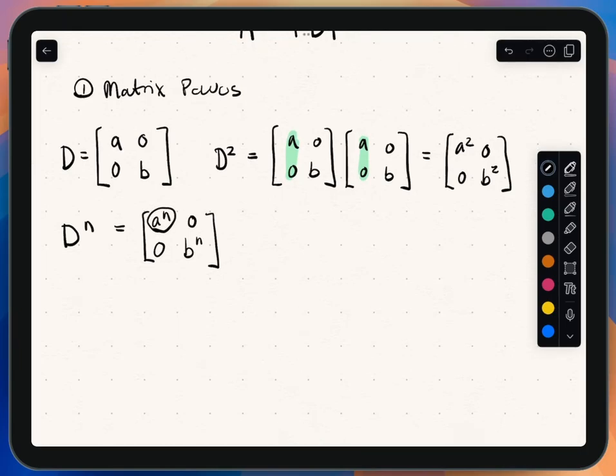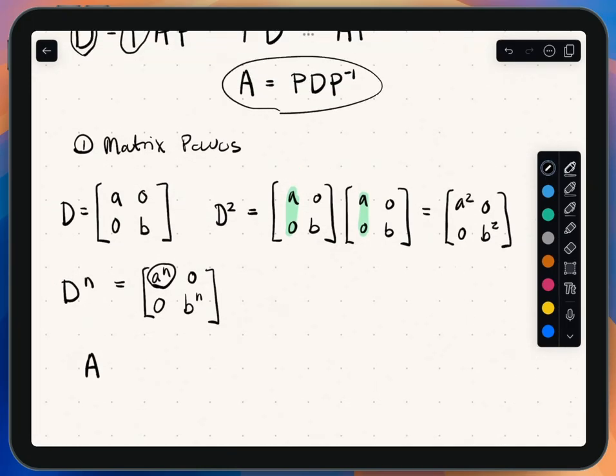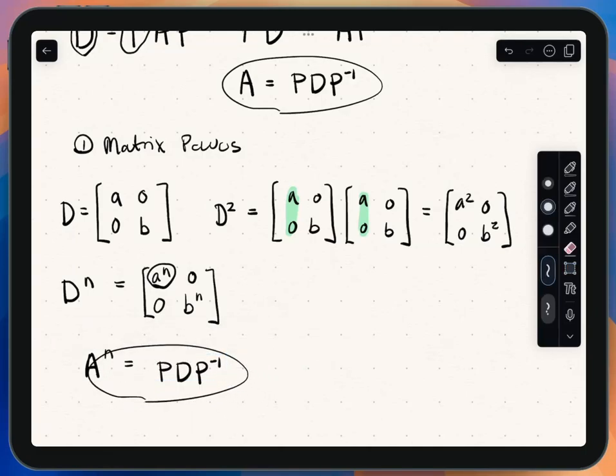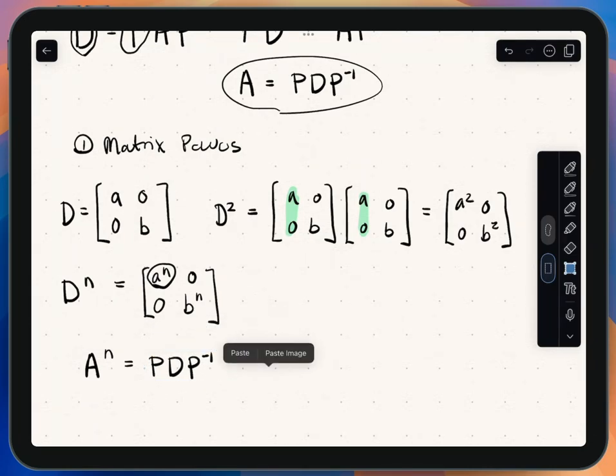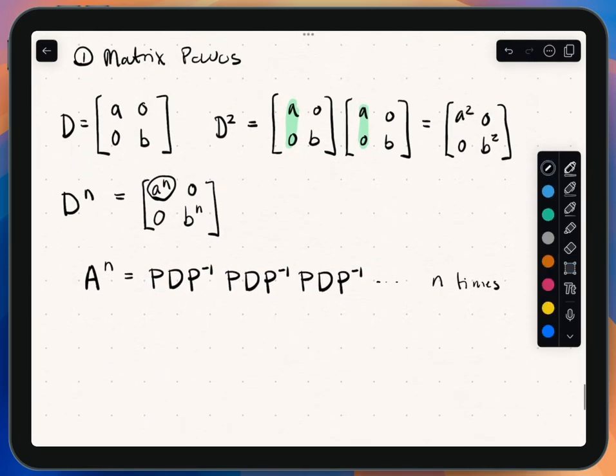So then, if you know that A is equal to PDP inverse, if we do A to the n, that just means we're going to multiply this n times. But since P is invertible, and that's the key here, at all of these junctions, when we multiply them together, P inverse times P is just going to cancel and become the identity matrix.